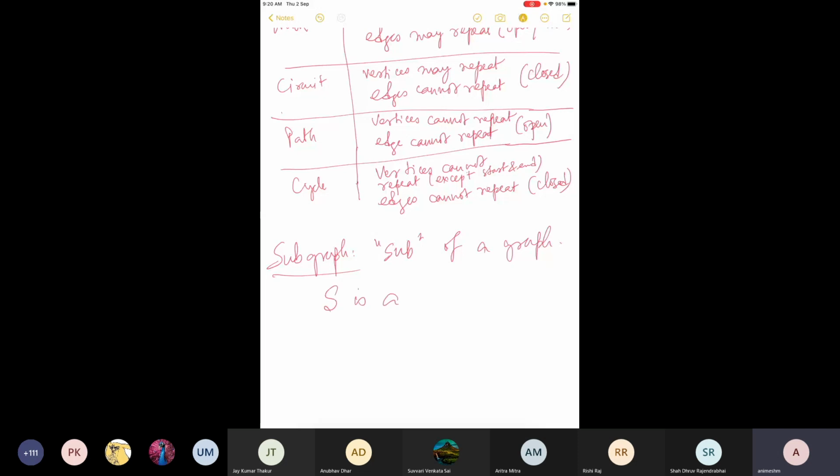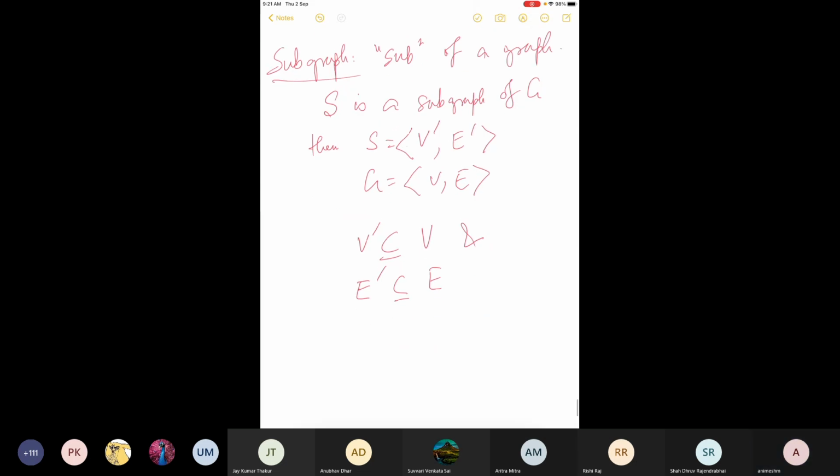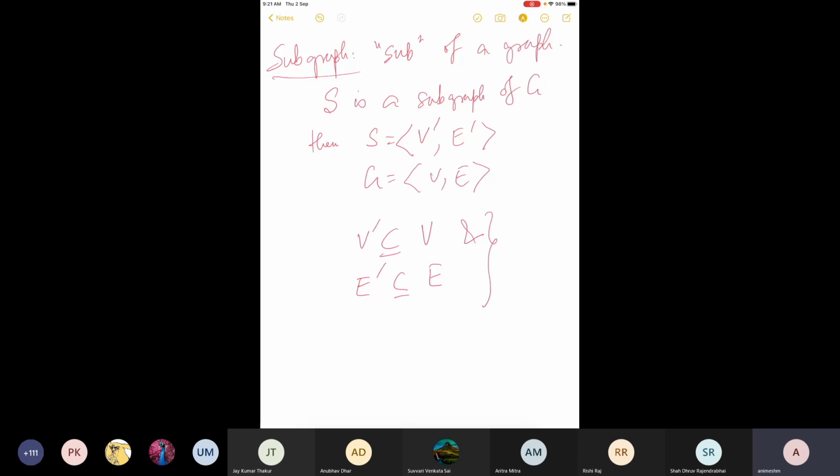Say S is a subgraph of G. Let's say S equals (V', E') and G equals (V, E). V' is a subset of V and E' is a subset of E. This is how you define a subgraph.